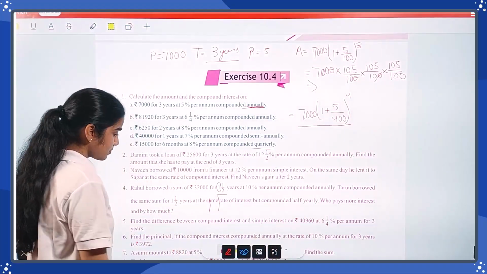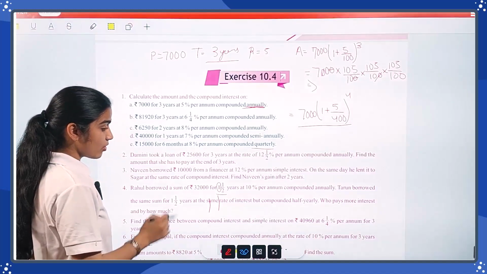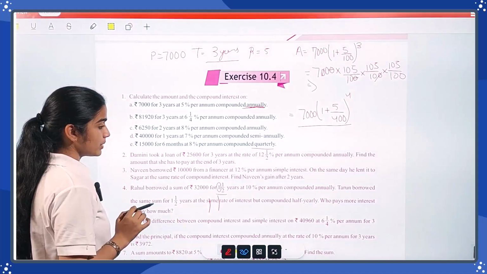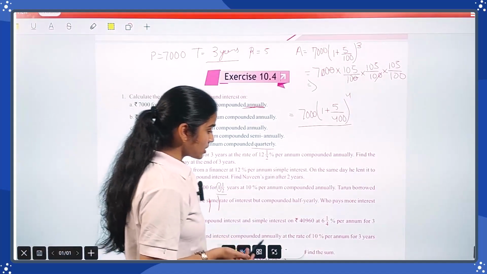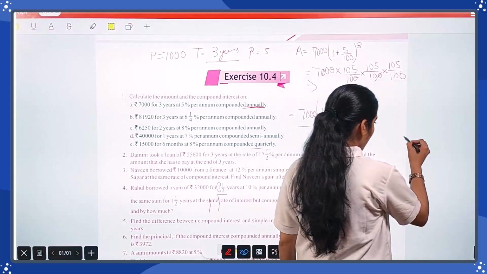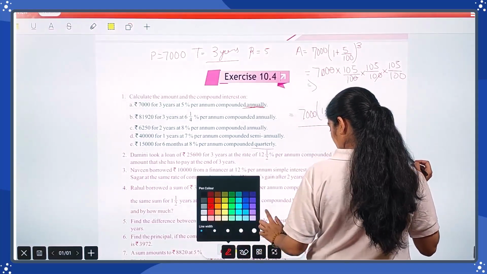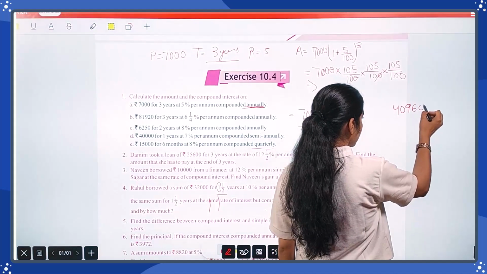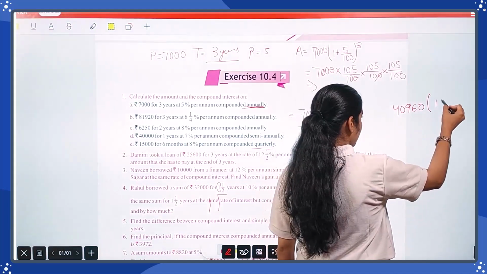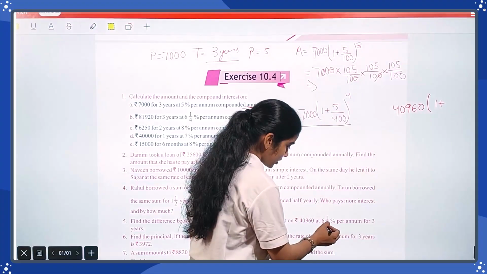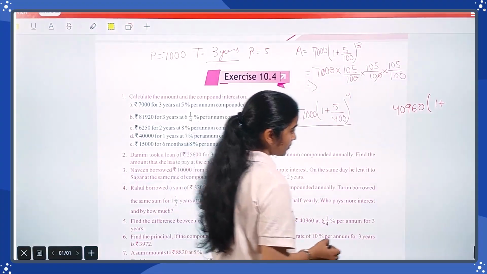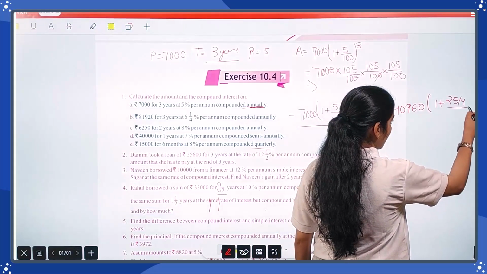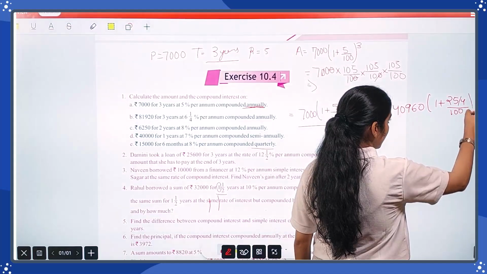Next, we have to find the difference between compound interest and simple interest on 40,960 at 6 1/4% per annum for 3 years. In this case, first we have to apply the compound interest formula: 40,960 times 1 plus 25 upon 400, and 3.